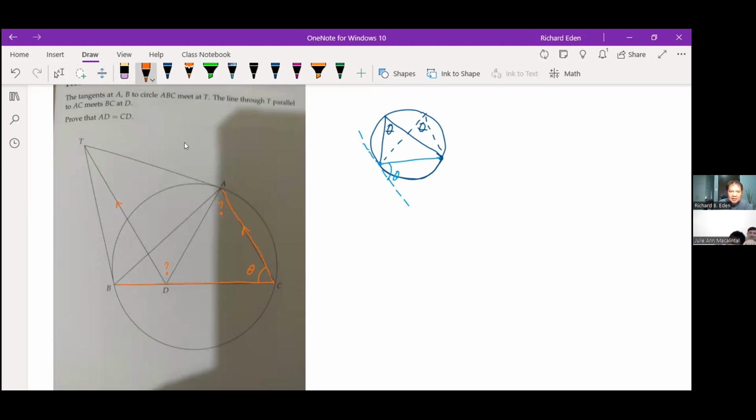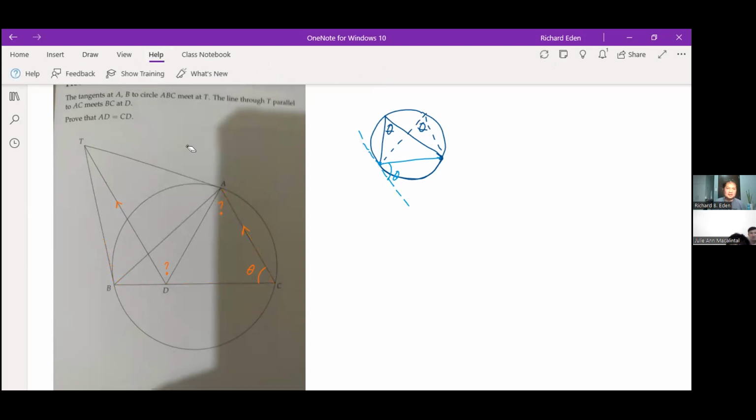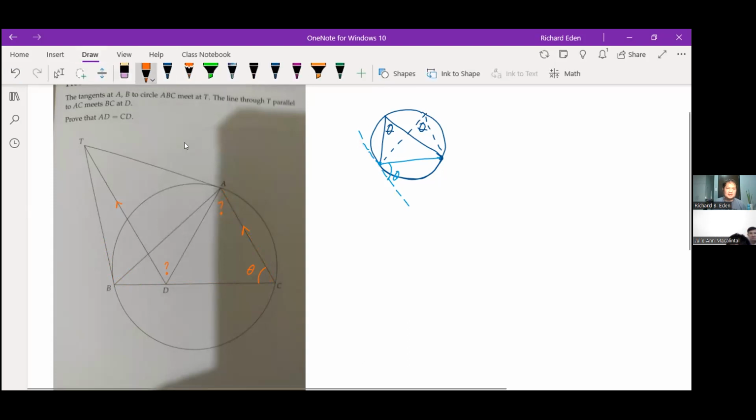So what that means is that this angle is also going to be theta, because it is the tangent angle. This is theta, and this too, for sure. It seems all of them are theta.